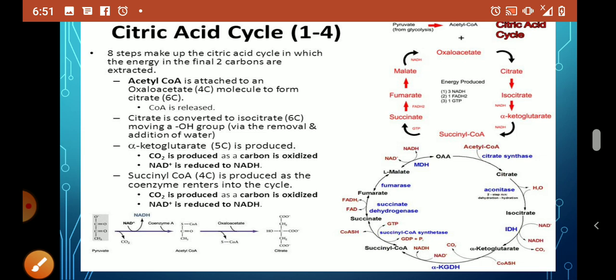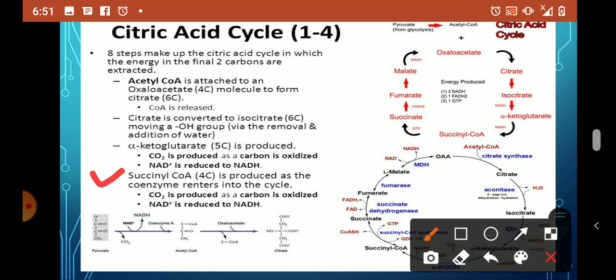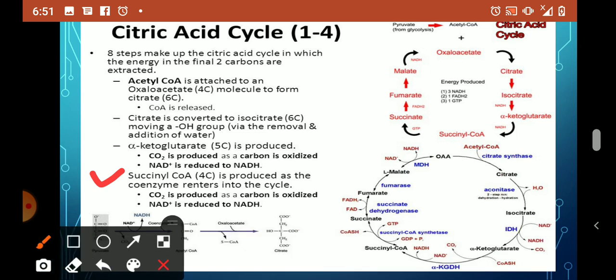In reaction number 4, succinyl CoA, a 4 carbon compound, is produced as coenzyme A enters the cycle. When alpha ketoglutarate changes into succinyl coenzyme A, coenzyme A attaches to it.